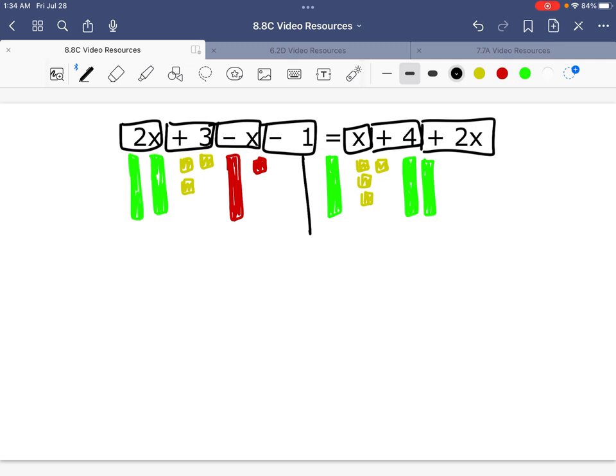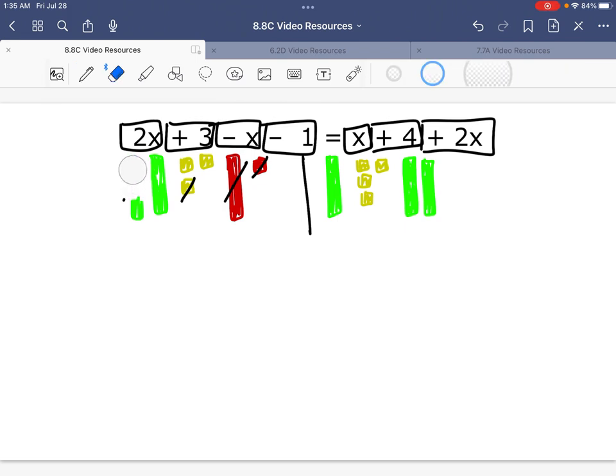So now that I've modeled, I'm looking on my left-hand side, and I see that there are some things that I can simplify. For example, I see I have a negative x and a positive x, which I know will create a zero pair. And I see I have a negative 1 and a positive 1 that I can use to cancel out as a zero pair. So if you were working on your equation mat, you would take these off of your mat.